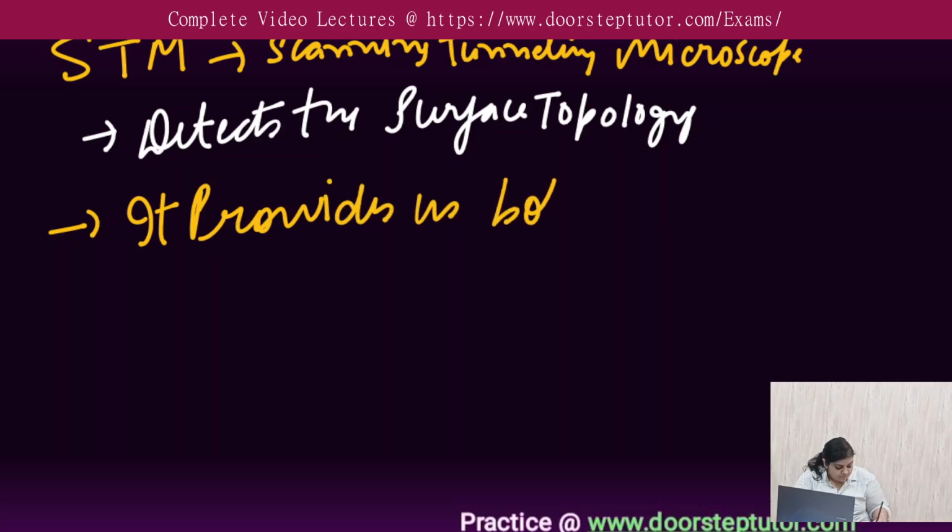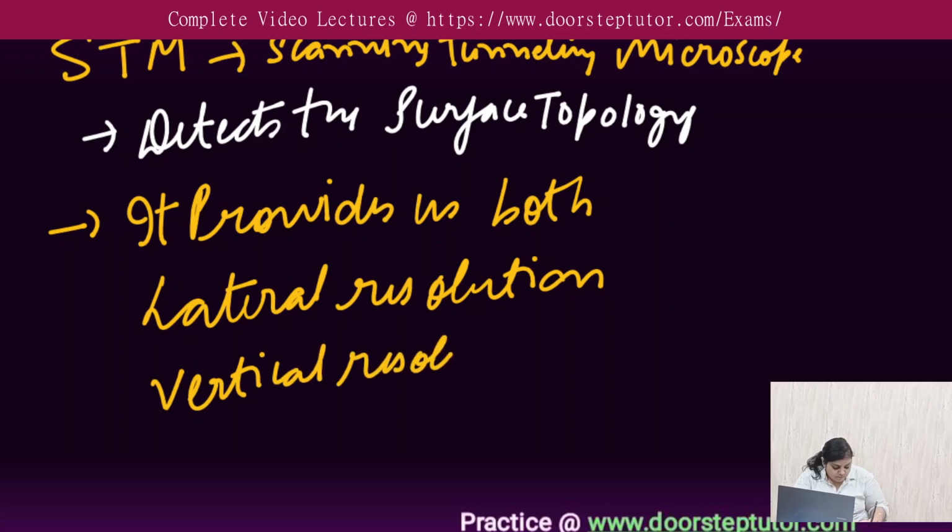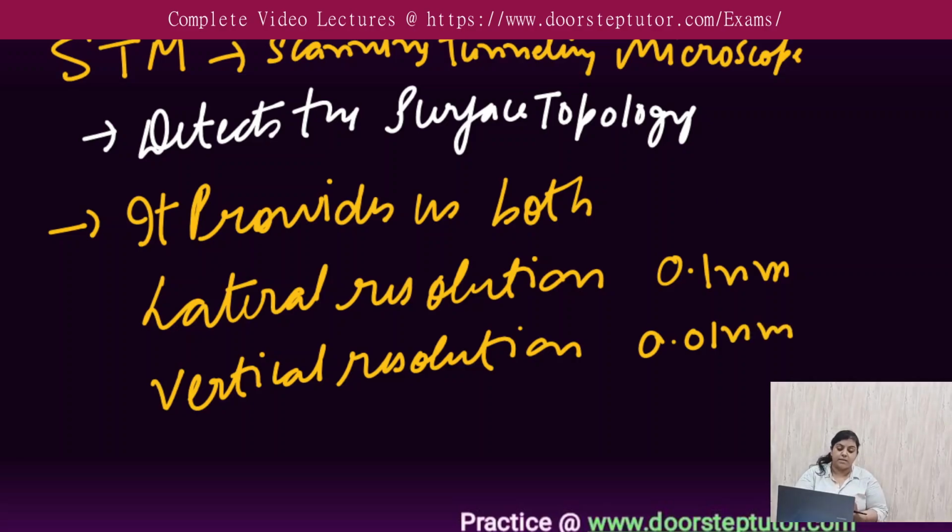What is the range of these resolutions? Lateral resolution is up to 0.1 nanometer, and the vertical one is up to 0.01 nanometers. So these are the lateral and vertical resolutions you can detect for the sample using the STM.